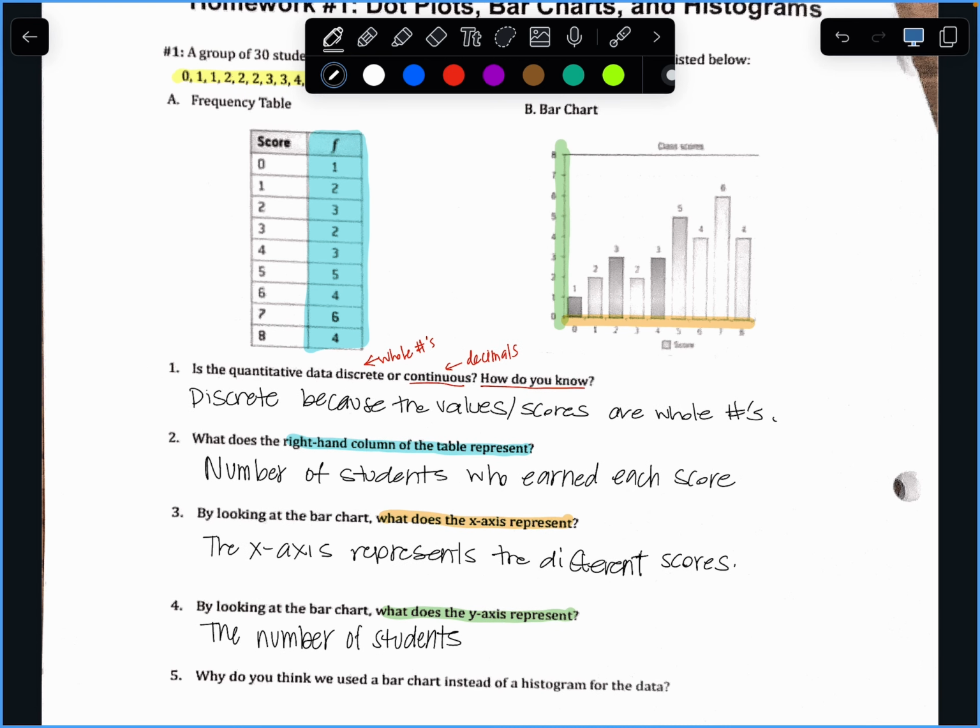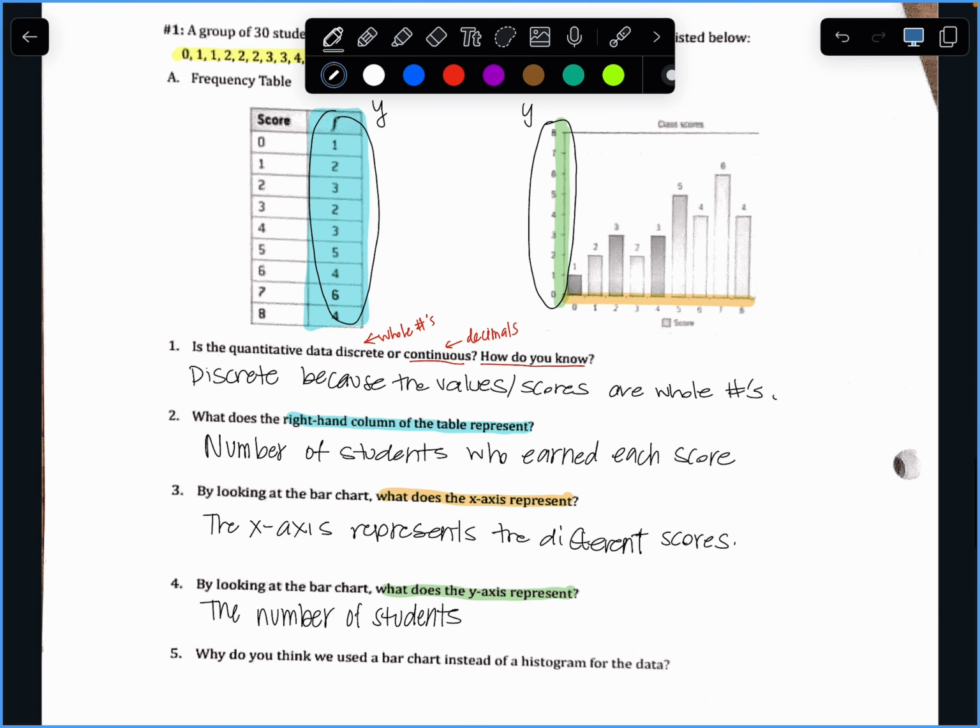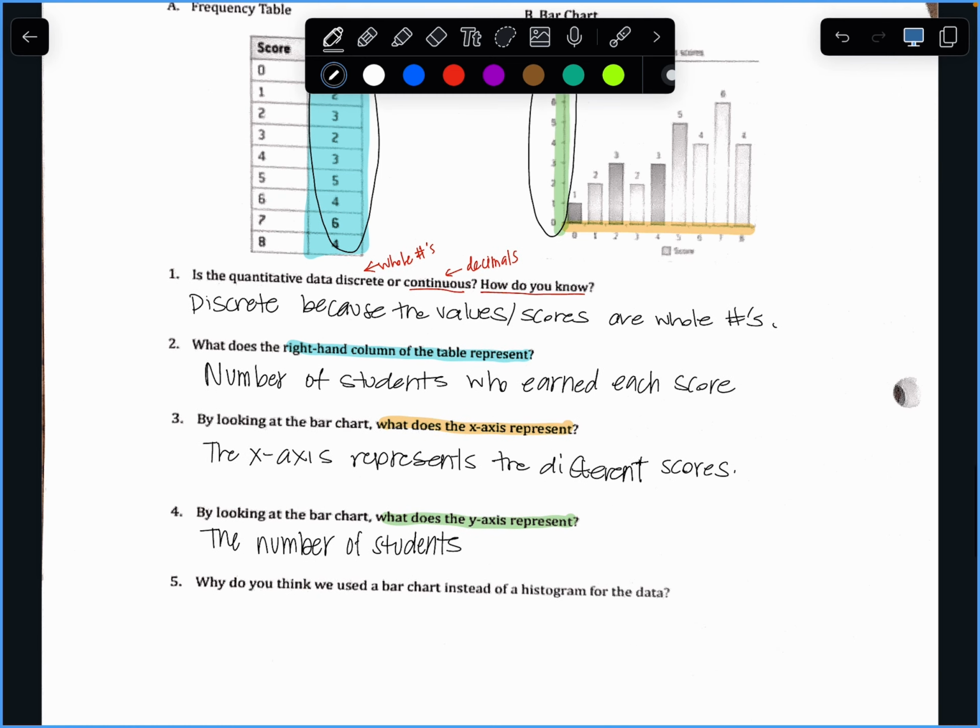It's the same thing as this guy. So the Y here is the same thing as the Y over here, right? So what did the Y column represent in the table? Because it means the same thing on the frequency graph. Score. The number of students who earned that score, right?